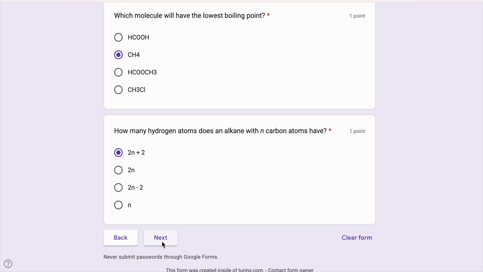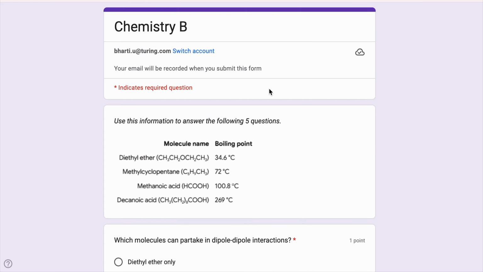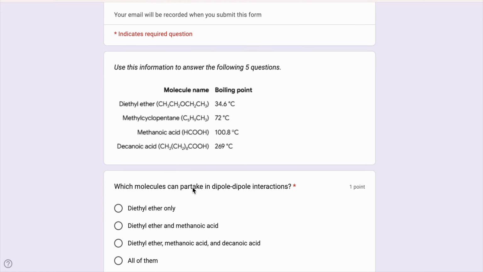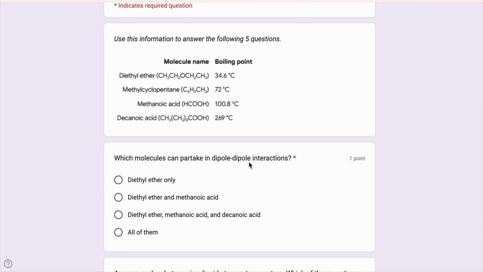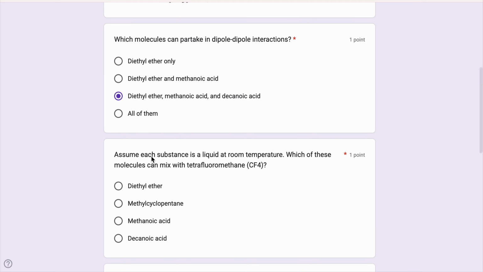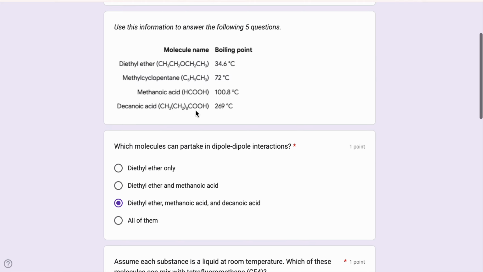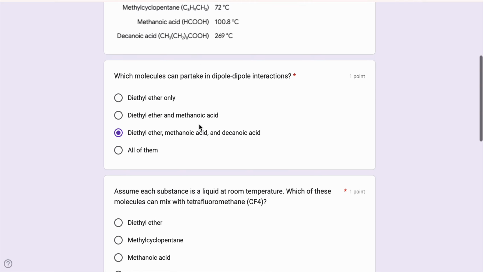2n plus 2. Use the information to answer the question: which molecules can partake in dipole-dipole interactions? Assume each substance, because all have oxygen hydrogen bonding.